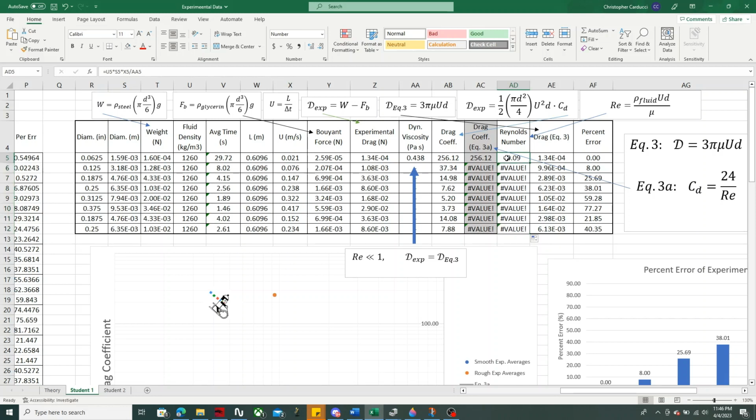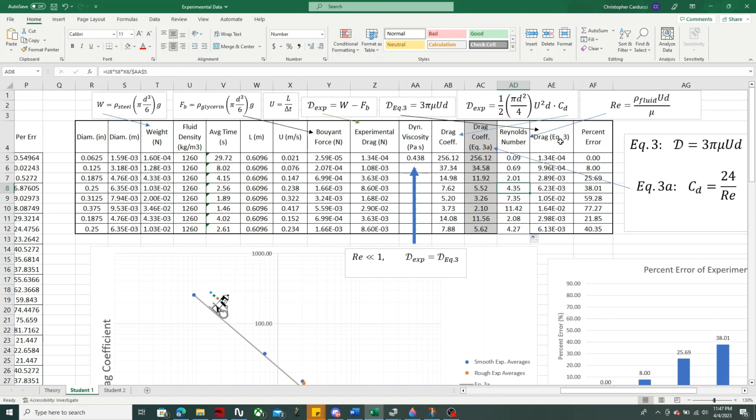It doesn't work. But if I go here and put dollar signs in front of the column and row, so the letter and number, and now I click and drag, you can see that it just freezes that value for every single one. So that's kind of neat. Okay.